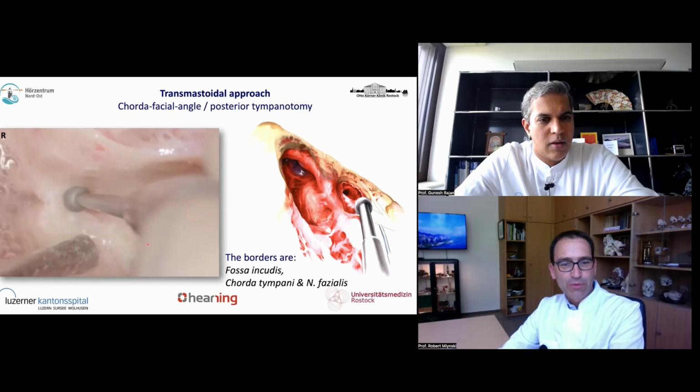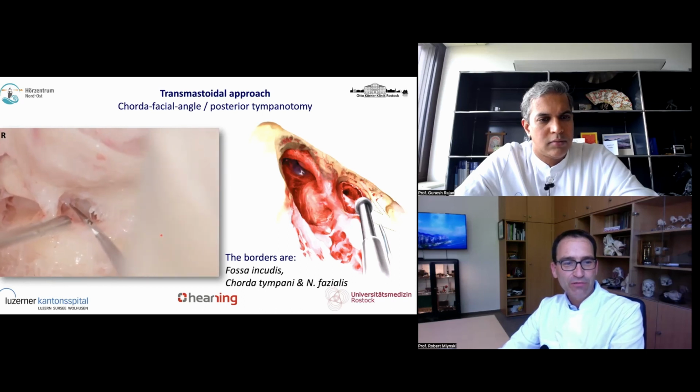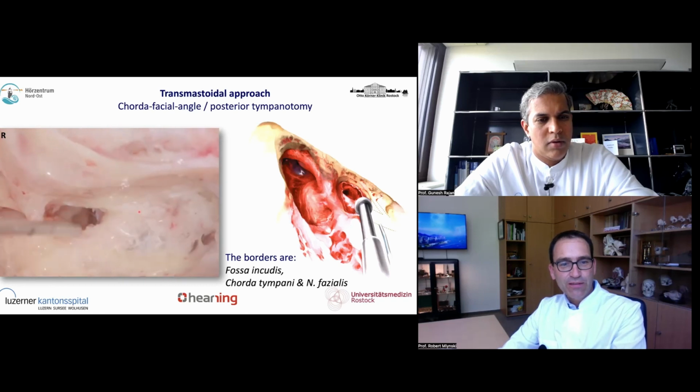You saw here beneath the burr the retrofacial cells, which is also a nice landmark to have. I really recommend identifying the facial nerve in the chorda facial angle and not in the outer knee, because this gives you safe space to drill out the posterior tympanotomy.